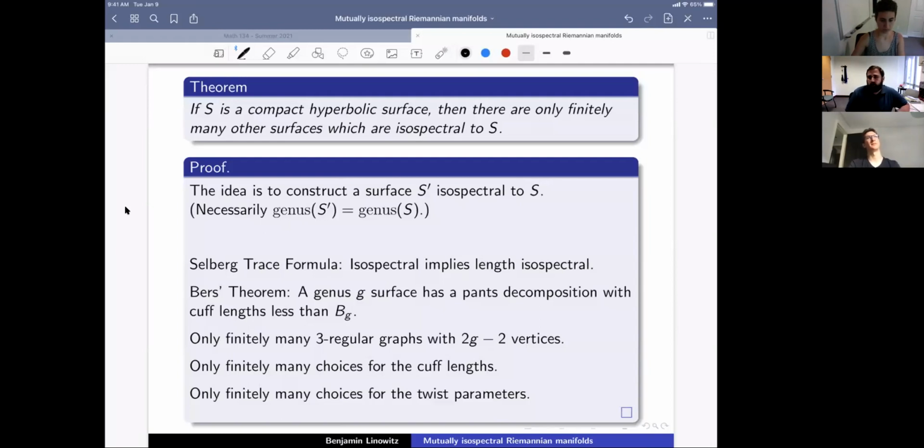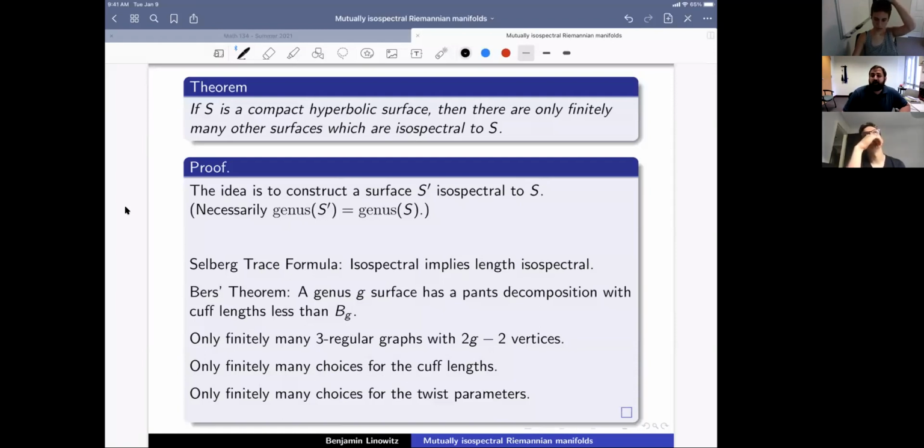So let's put all this together. I'm constructing a surface S prime. It has to have the same genus as S, and there are only finitely many 3-regular graphs with 2G minus 2 vertices. So that's finite. Now I get my pants decomposition.